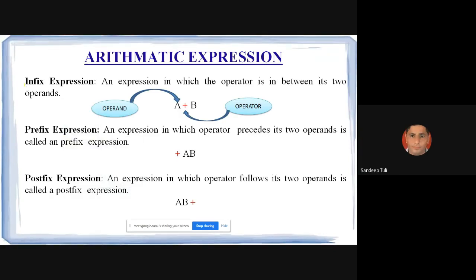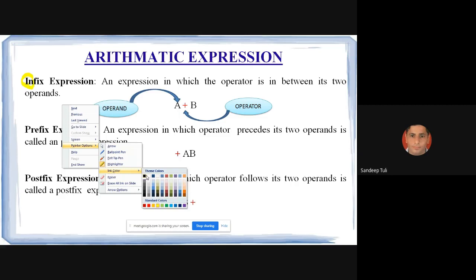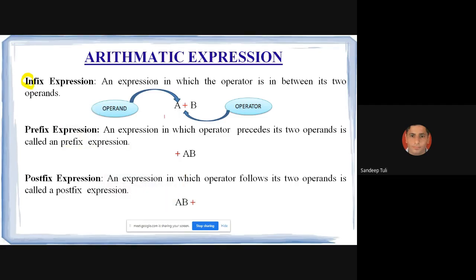Like here you are seeing that I have written in. So what does in mean actually? In means like a plus b. Two operands are there, a and b, and in between those we are performing some operator.